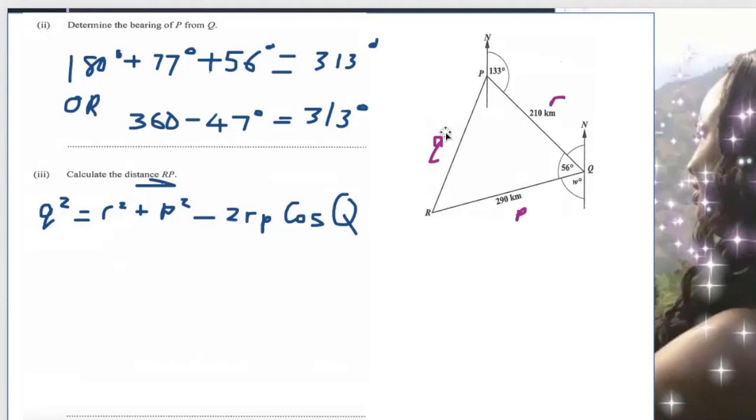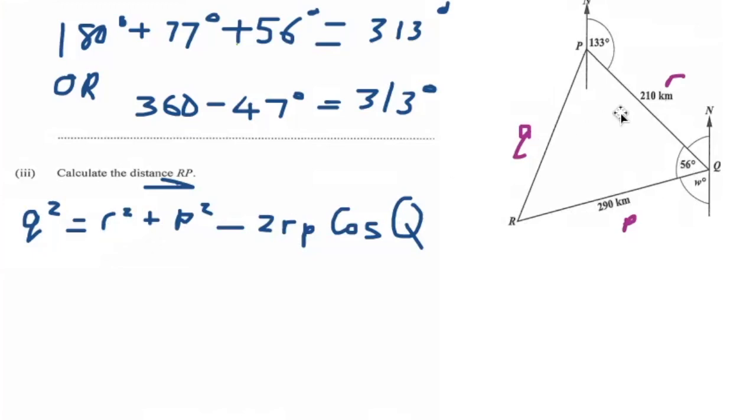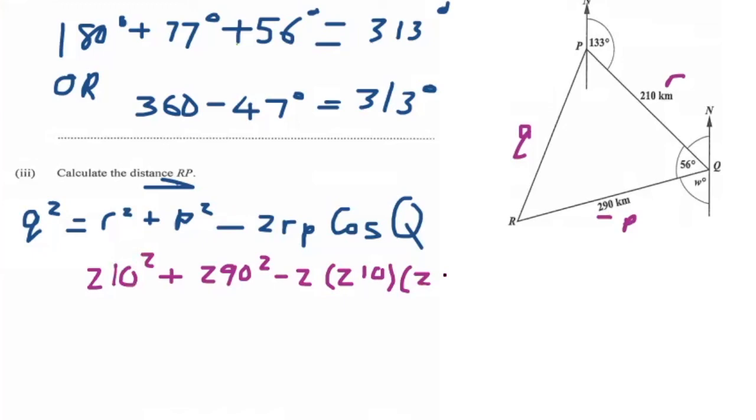So RP is the side q. Now r is 210, so I will have 210 squared plus p represents 290, so I'll have 290 squared minus 2 times r, which is 210, p, which is 290, and I have cos capital Q, which is 56 degrees.